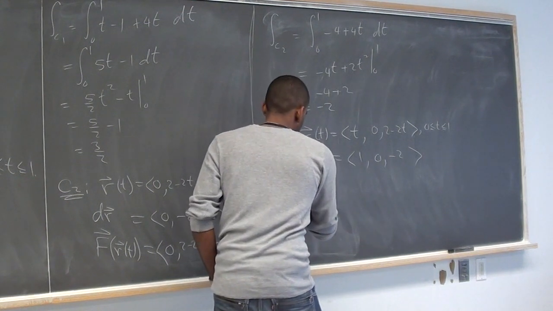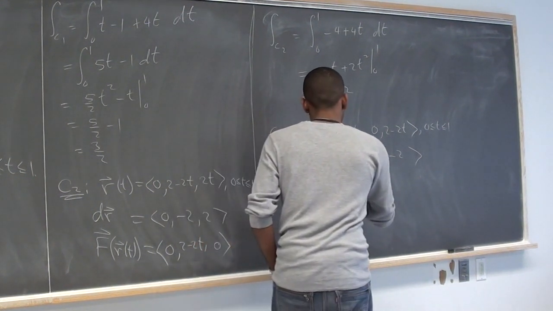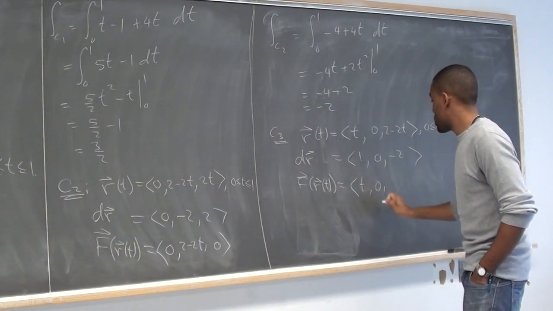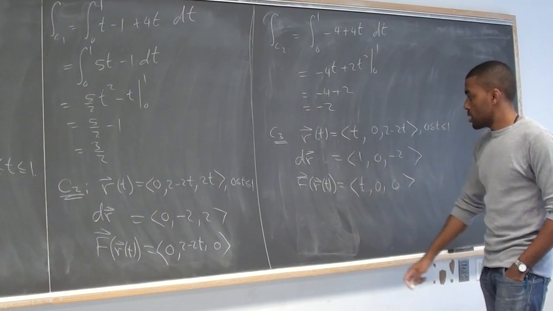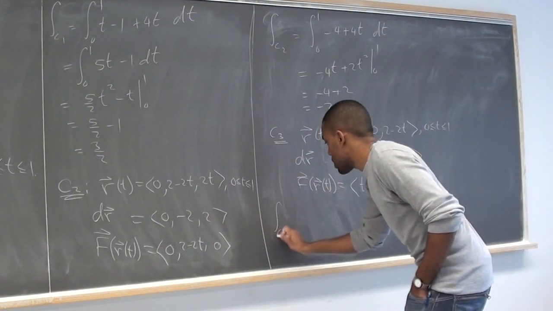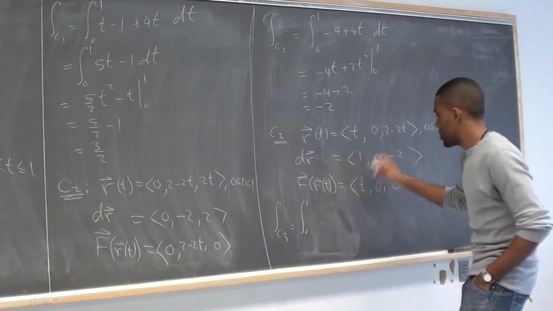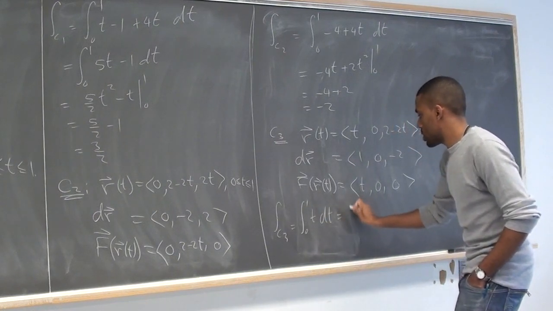So find r, find dr, find F of r(t), dot product, integral. So replace x with t, replace my y with 0, and x, y, z would be 0. And so the integral on C3 is just the integral between 0 and 1 of t dt, which is just a half.